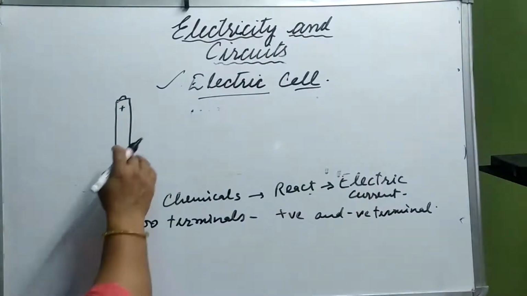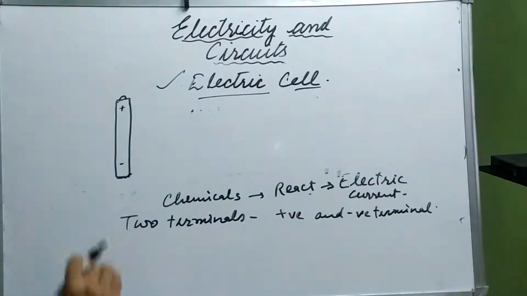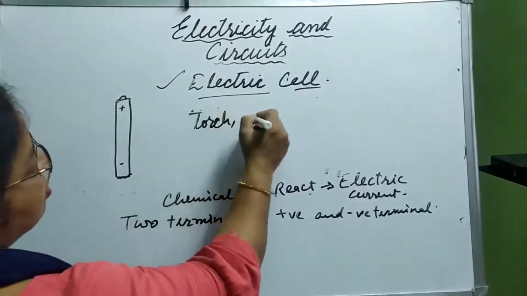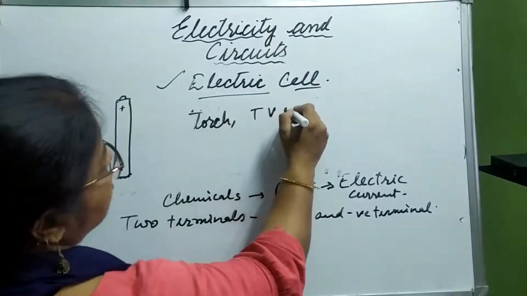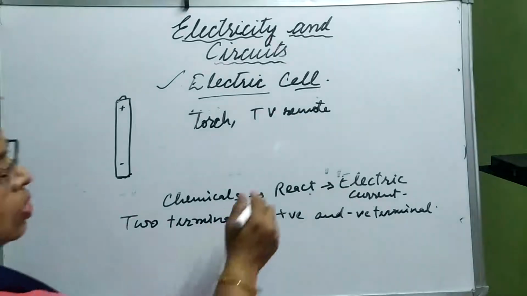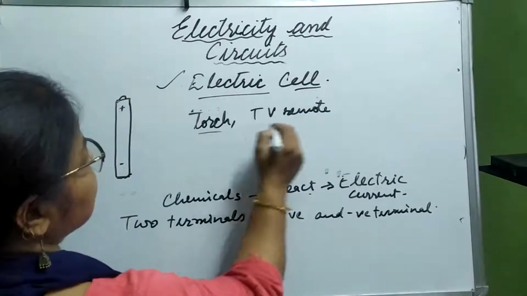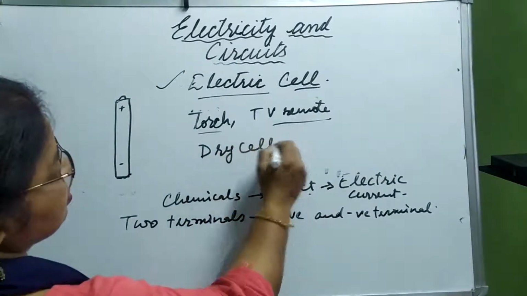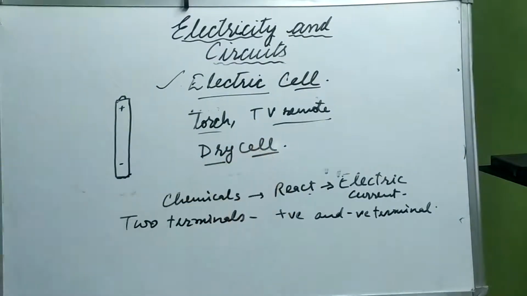Now these electric cells are commonly used in appliances like the torch and TV remote. The cell which is used in these is known as a dry cell. What do we call it? Dry cell.